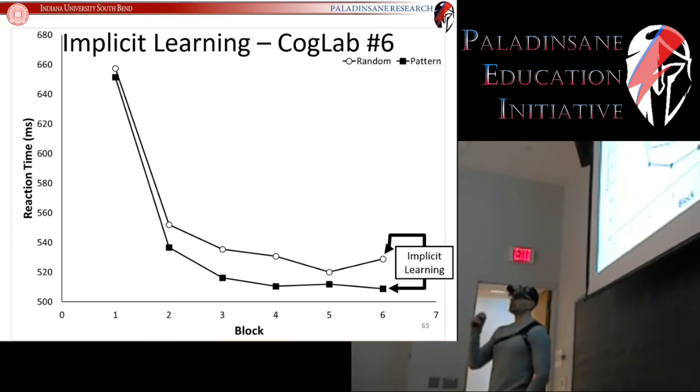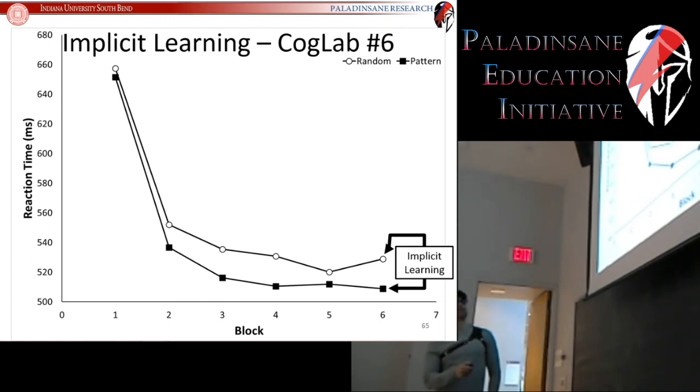And the fact that you don't know that you were in the pattern condition means that it's not a part of your explicit memory. If it was part of your explicit memory, you would have been aware. You would be able to say, oh yeah, I noticed this, I'm aware of this pattern, I was in the pattern condition.